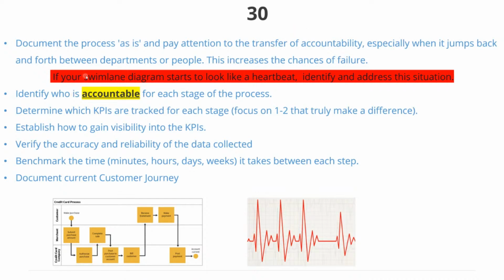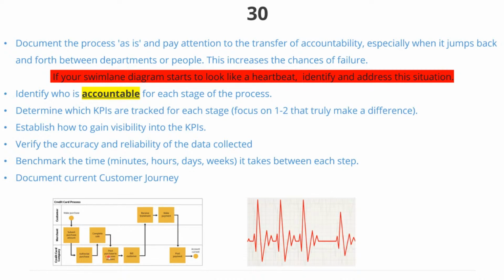As a side note, what to pay attention to when you're documenting, and that's why a swim lane diagram is so helpful: let's call it a proverbial client file, whether it's digital or paper.